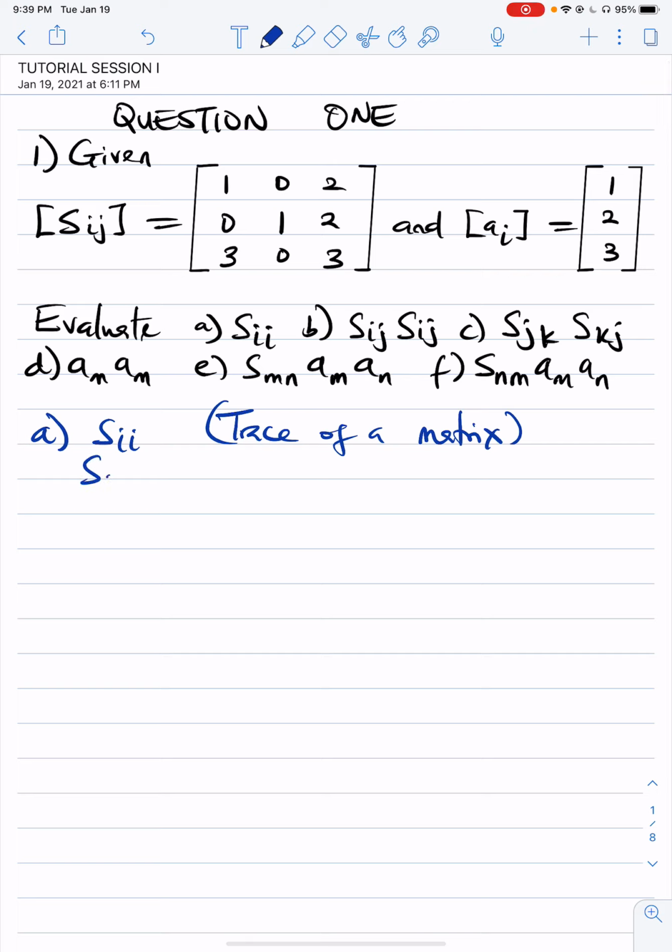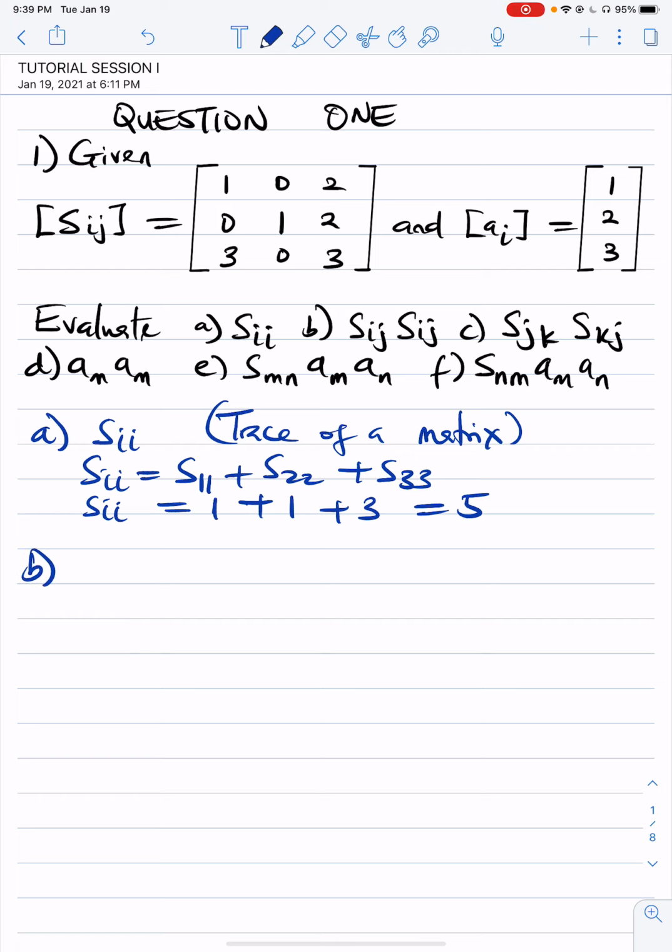Now, what Sii means is S11 plus S22 plus S33. That is, if you look at it, this is 1, 1, 3. Those are the values we are looking at. 1 plus 1 plus 3 gives you 5.